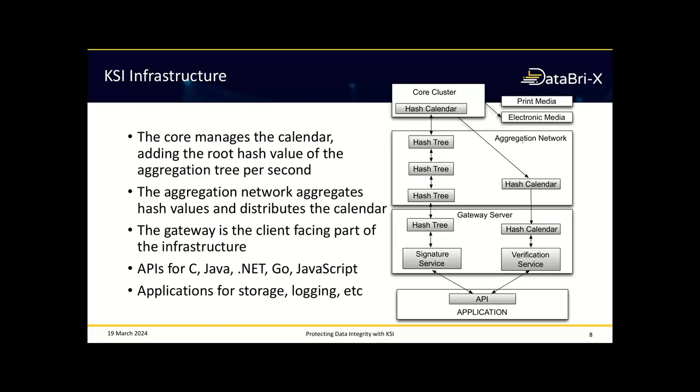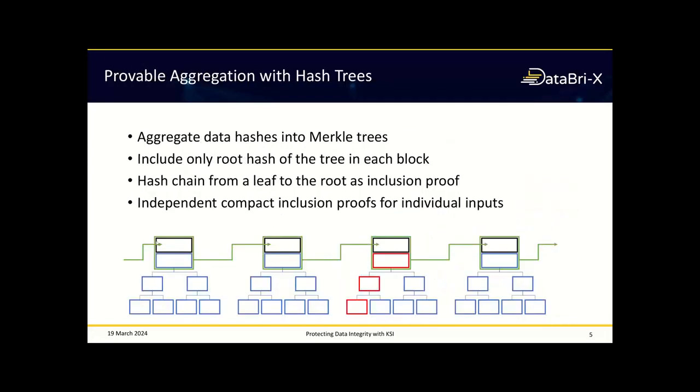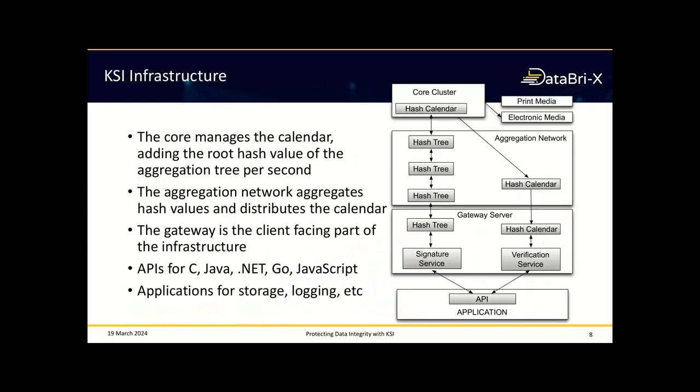Another secondary function of the aggregation network is distributing the calendar database. Again, the purple nodes here implement a function of linking the ledger together to provide the history of changes. So this is distributed back to the client computer, and every client has a copy of it.